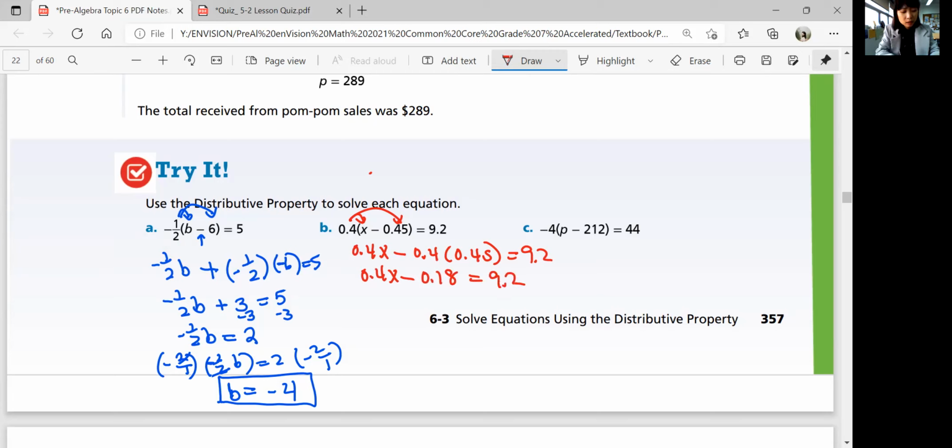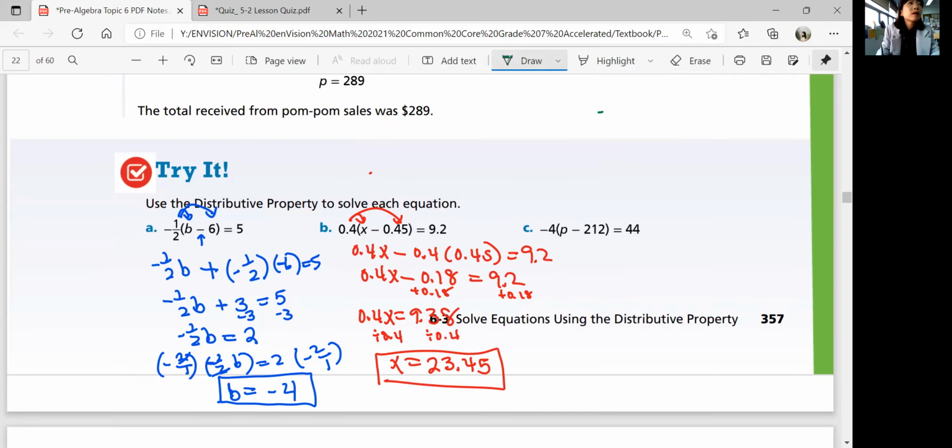So you're going to add 9.2 to both sides. Okay, so you get 0.4x is equal to 9.38. 9.38 divided by 0.4 is 23.45. So you divide by 0.4 on both sides, and your x is equal to 23.45. There you go.